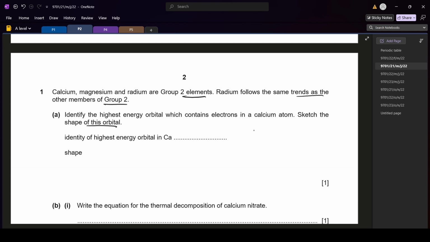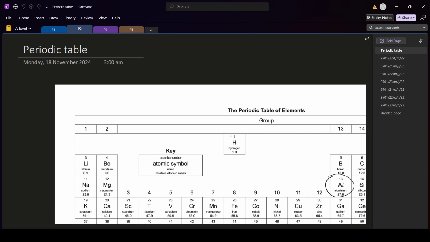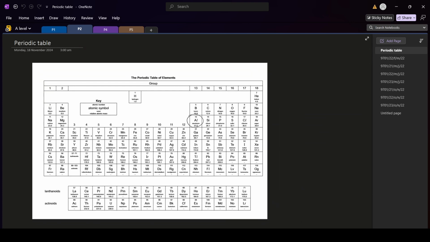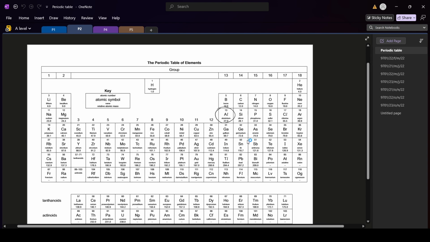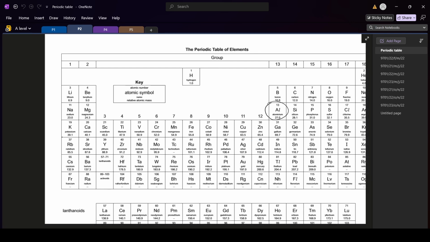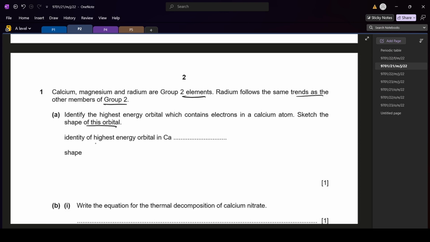So if you write the electronic configuration of calcium, basically calcium has 20 electrons.